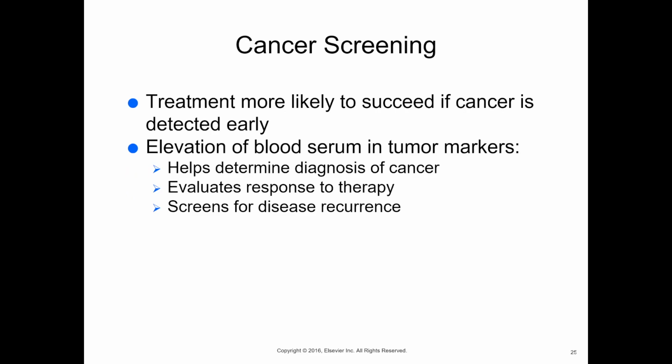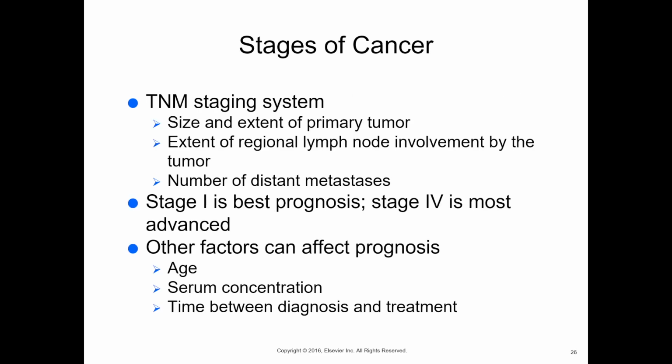Treatment for cancer typically is better when earlier on. We have lots of different blood serum tumor markers, so many that it's well beyond talking about here. There's a staging system for cancer, stages 1 through 4.